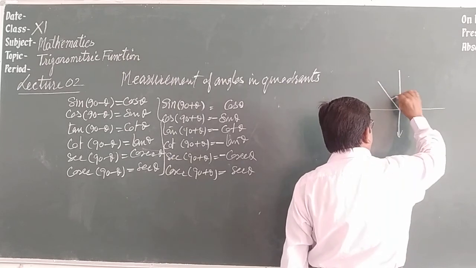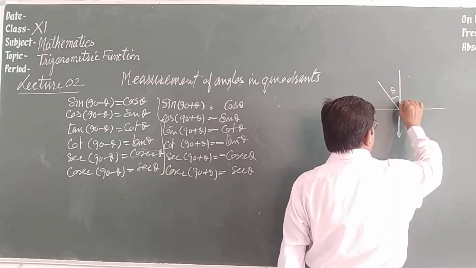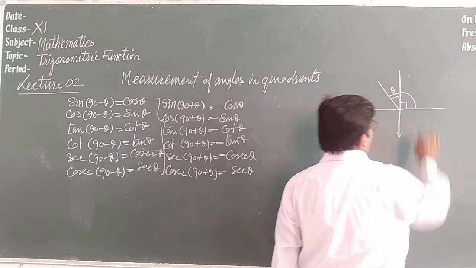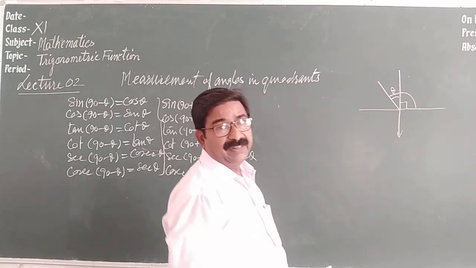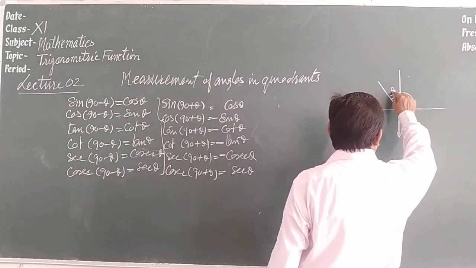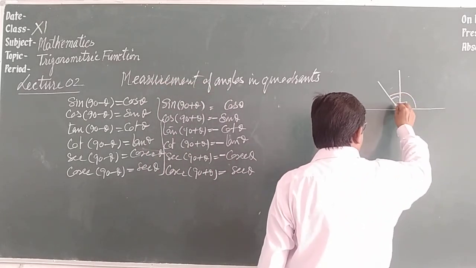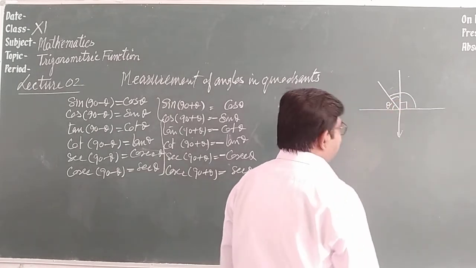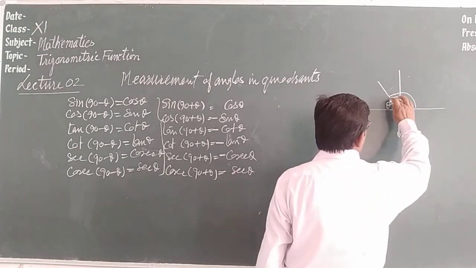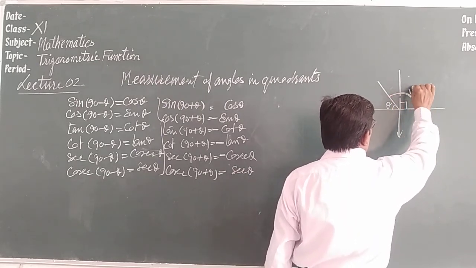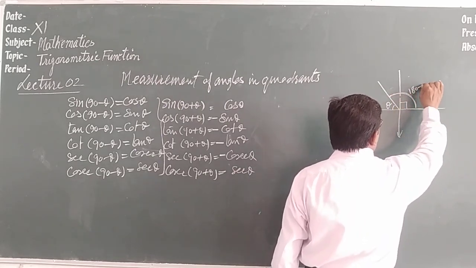This angle is theta, this angle is 90 degrees, this total angle is 90 plus theta. Or if we suppose this angle is theta, then this angle is what? This angle is 180 minus theta.